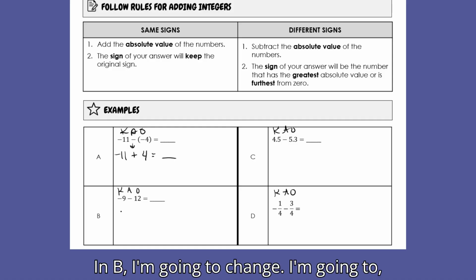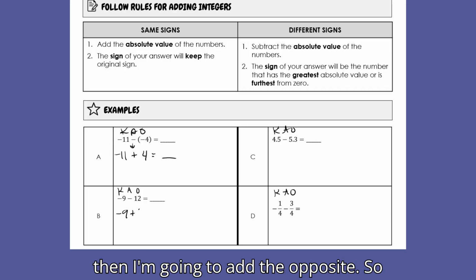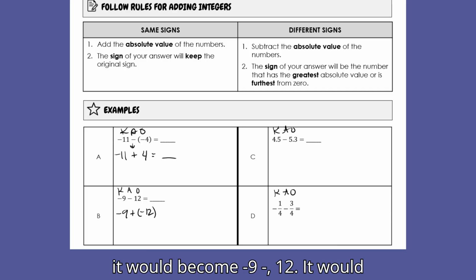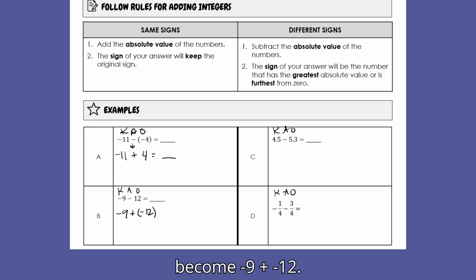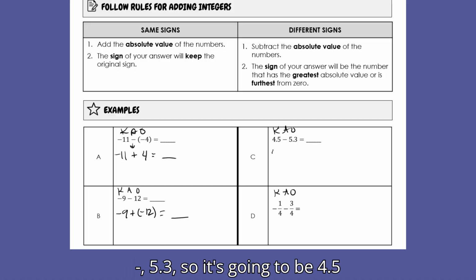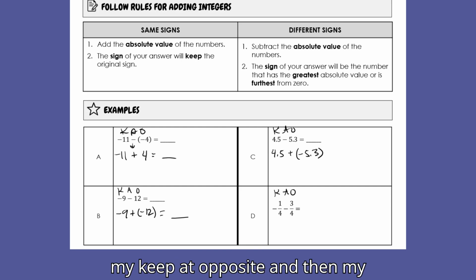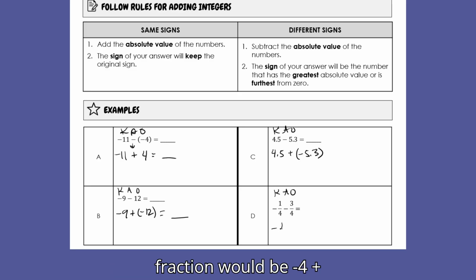And B, I'm going to keep negative 9, and then I'm going to add the opposite. So negative 9 minus 12 would become negative 9 plus negative 12. And then we have, in C, 4.5 minus 5.3. So it's going to be 4.5 plus negative 5.3 when I do my keep, add, opposite. And then my fraction would be negative 1/4 plus negative 3/4.